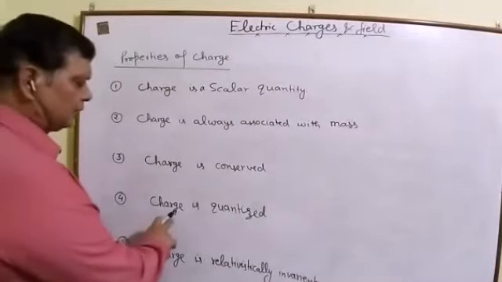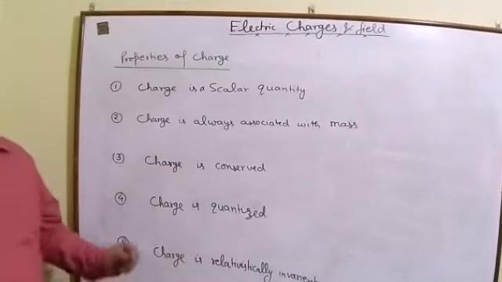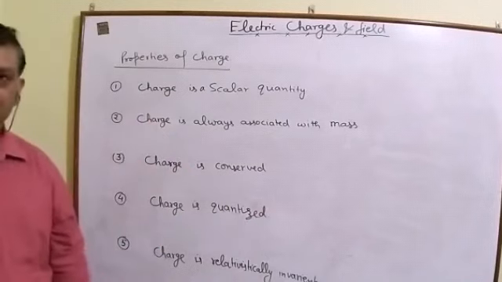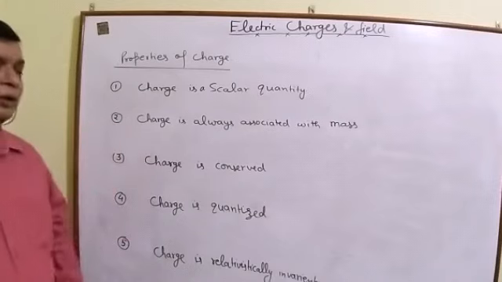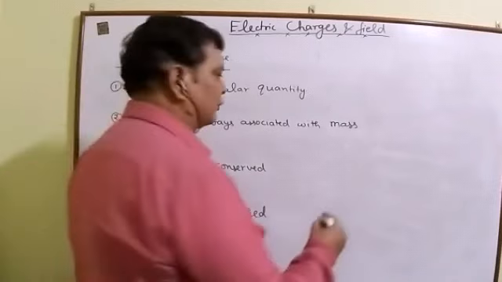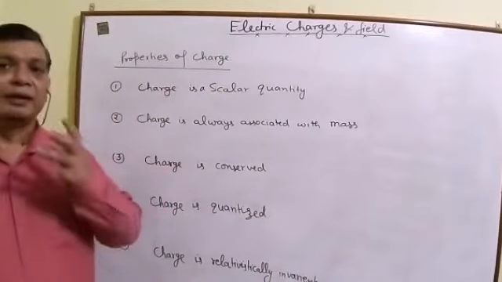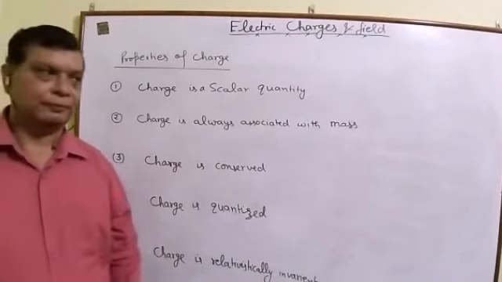Next property is the charge is quantized. Or it is asked, what do you mean by quantization of the charge? So for it, I have to tell you that in physics there are 4 physical quantities which are quantized, which have their quantums, the minimum possible value.